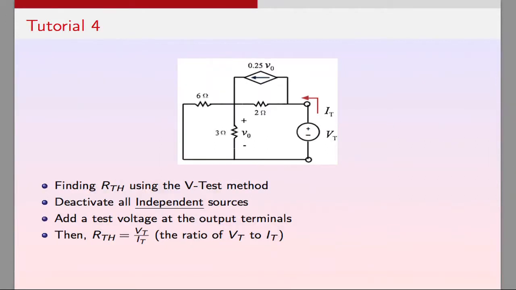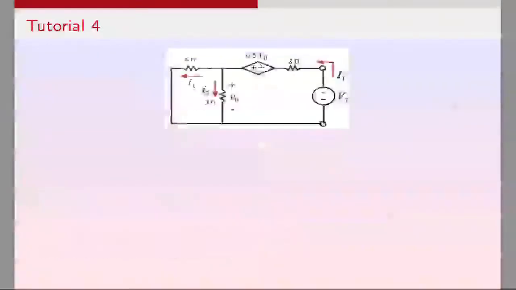And in this case, R Thevenin is equal to the ratio of V-test over I-test. Again, to find this ratio, we will use source transformation to simplify the circuit. And since we've already done this, this is how the circuit looks.